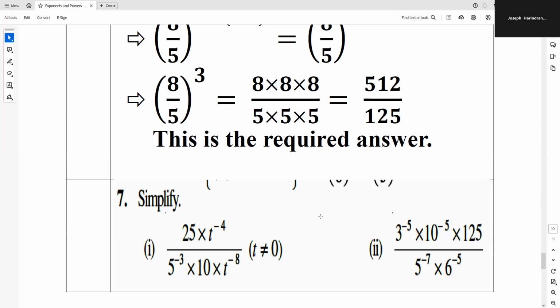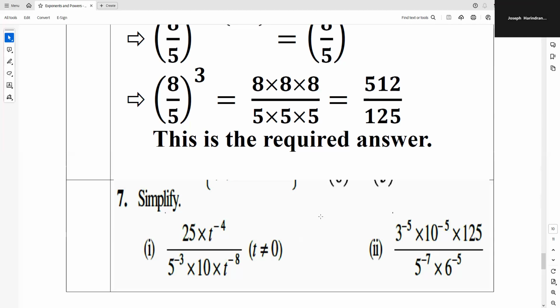The denominator t to the power minus 8 can be brought to the numerator as t to the power 8. 25 can be written as 5 squared. We can bring that 5 to the power minus 3 to the numerator as 5 to the power 3, the negative to positive exponent, that is the reciprocal rule. And then simplify. But we have a 10 there, so 10 can be written as 5 into 2, and then evaluate the expression by properly cancelling the terms.